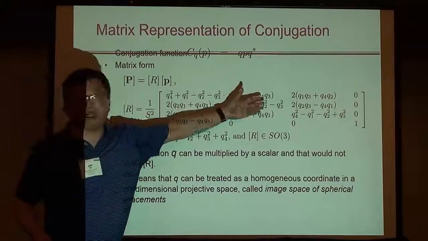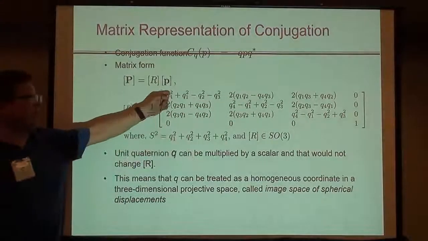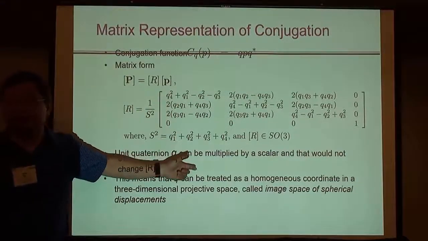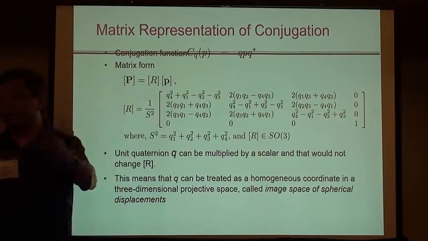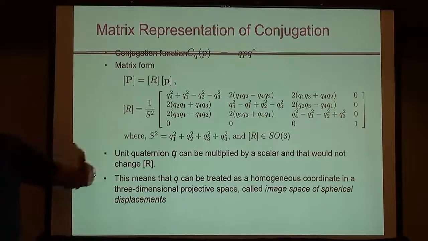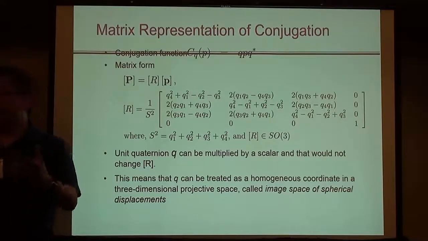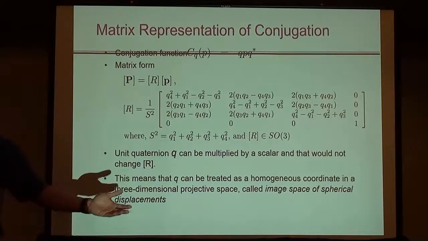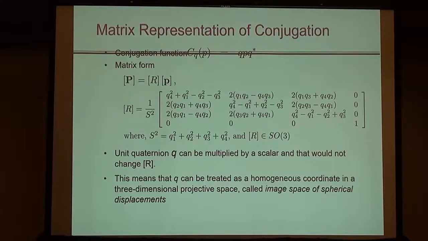For matrix representation, if you use A11, A12, etc., you have 9 components to work with, and these 9 components are not independent, because it's an orthogonal matrix. You are talking about these 9 elements with a set of constraints associated with it.